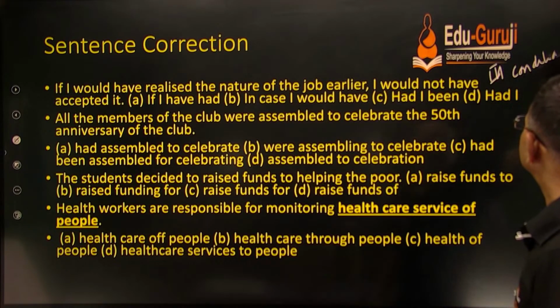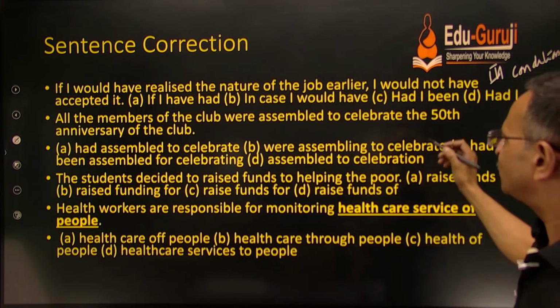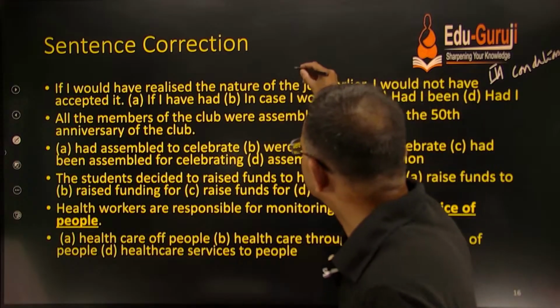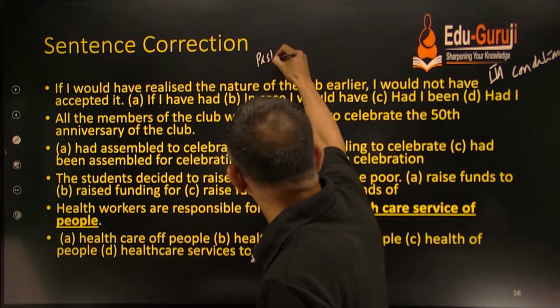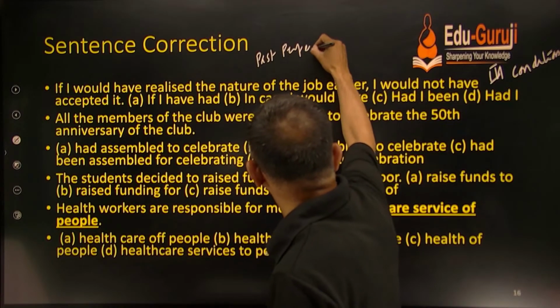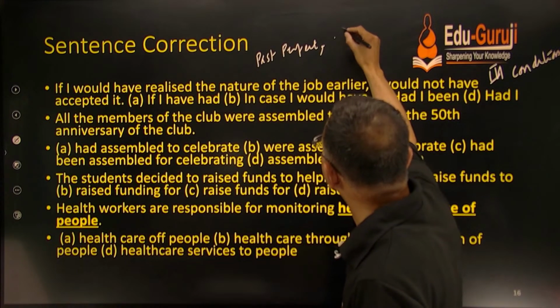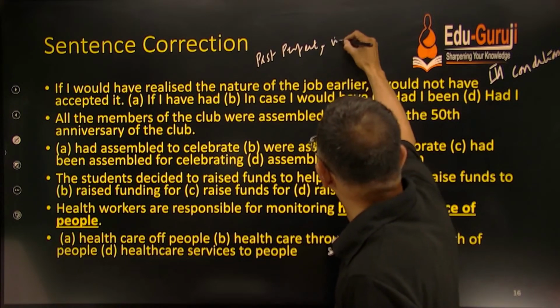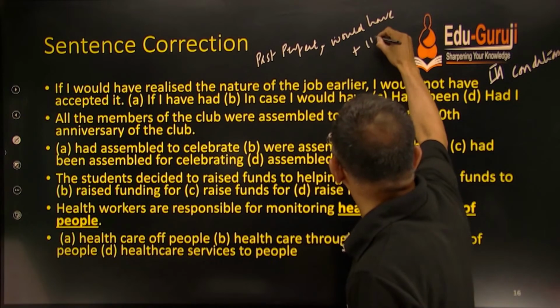So what is the structure of the third condition? The third condition says the subordinate clause would be in past perfect, and the main clause would be "would have" plus the third form of the verb.